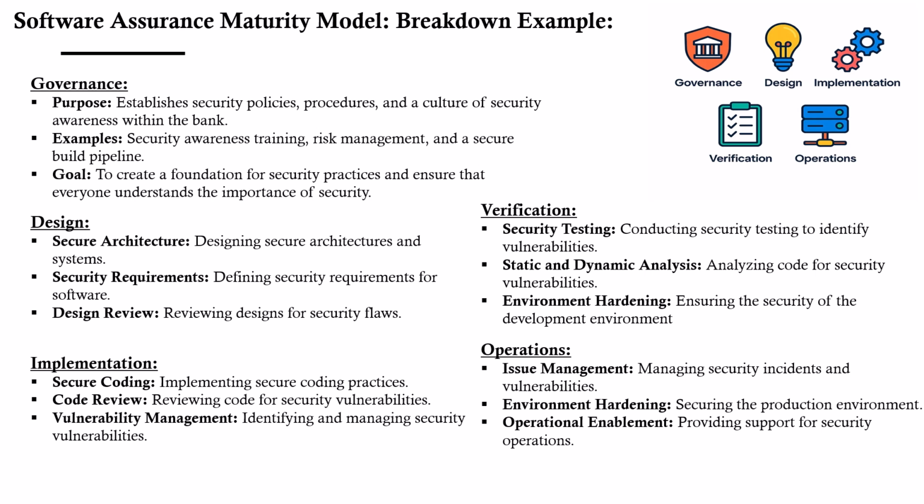We got our verification function, security testing. We're going to conduct security testing to identify our vulnerabilities, our static and dynamic analysis, analyzing code for security vulnerabilities, environment hardening, ensuring the security of the development environment, and finally our operations.